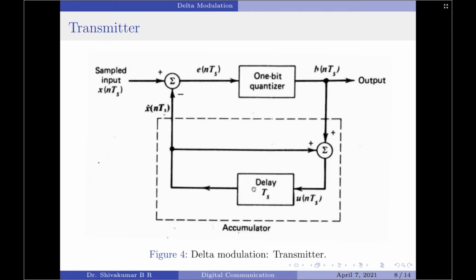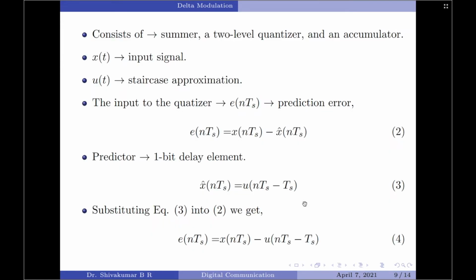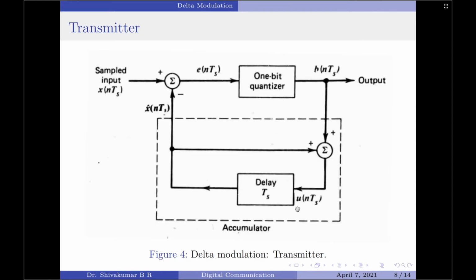Coming back, as I already said, the predictor here is nothing but a 1-bit delay element. So the output of the predictor can be written as the input of the predictor delayed by 1-bit interval. This in fact is given by the equation here as x cap(nTs), which is the output of the predictor, is equal to, look back, the input of the predictor, which is u(nTs), with a 1-bit delay here.